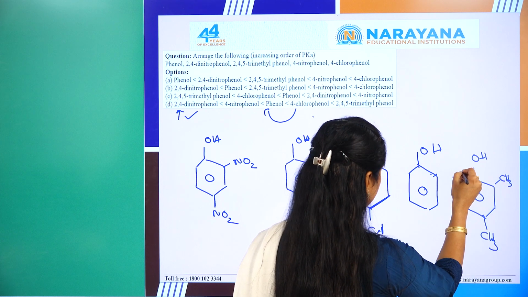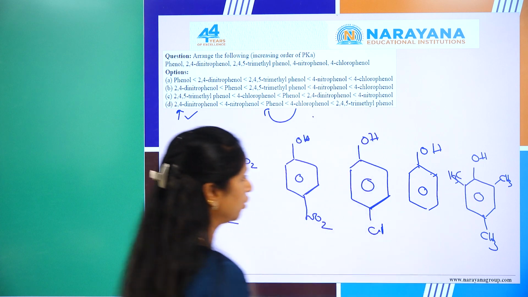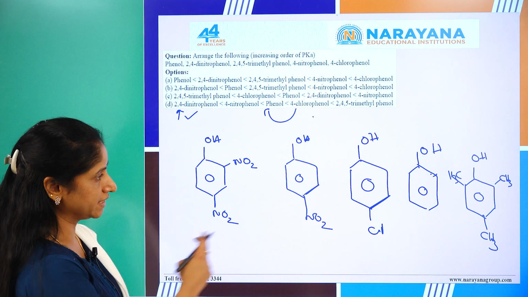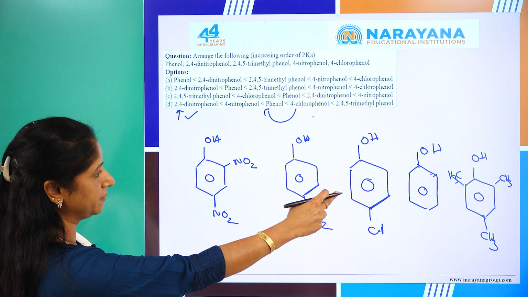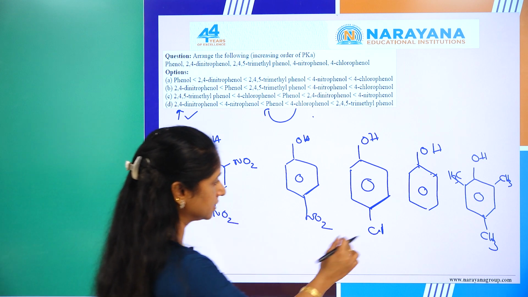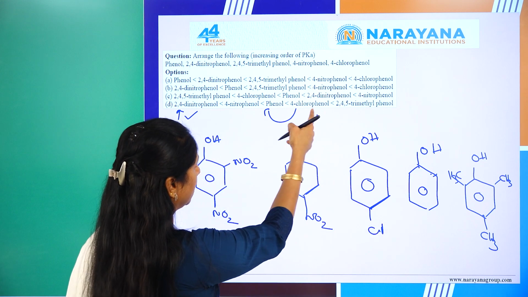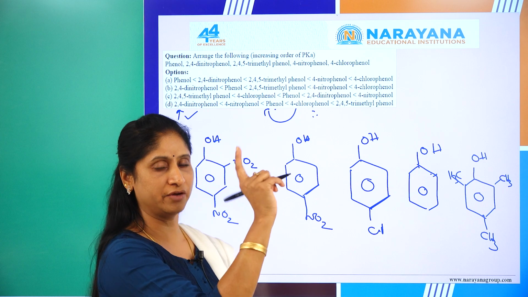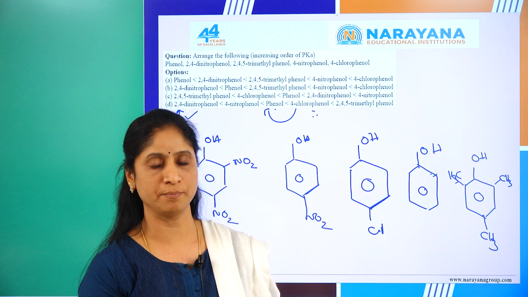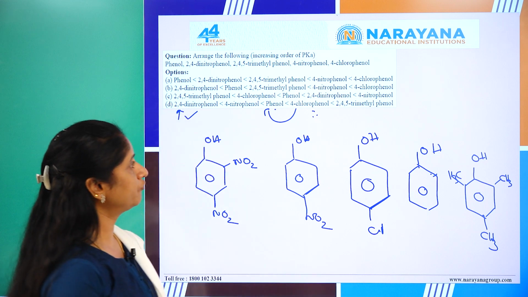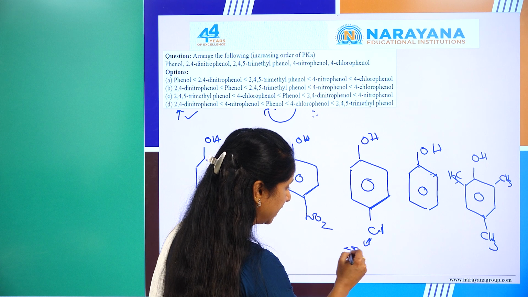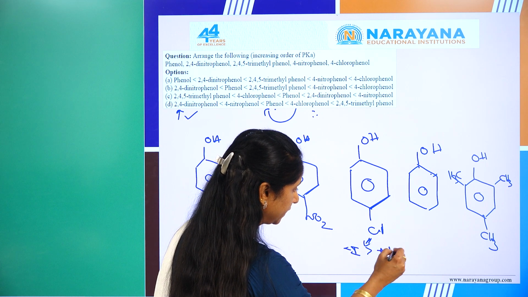So obviously, out of the 5 compounds that are given, 2,4-dinitrophenol should be most acidic and 2,4,5-trimethylphenol should be least acidic. But my only concern is about these 2, phenol and 4-chlorophenol. Even if we refer to the pKa values, as per NCERT phenol is around pKa 10, and 4-chlorophenol, even though it is minus I and plus M, is electron withdrawing by inductive effect.